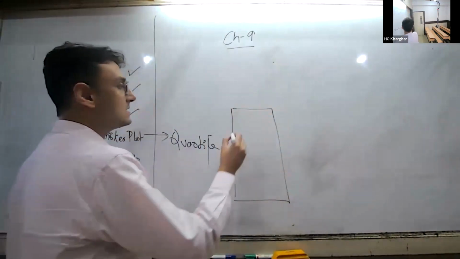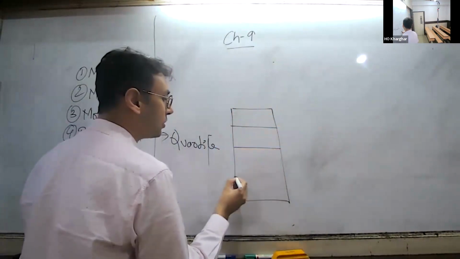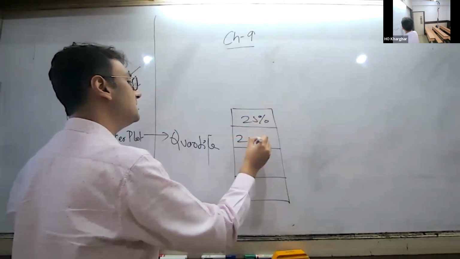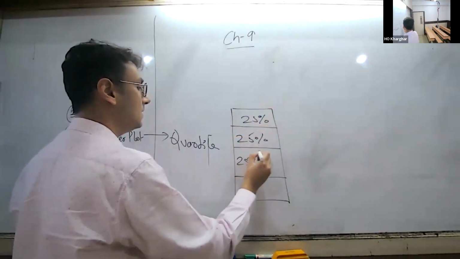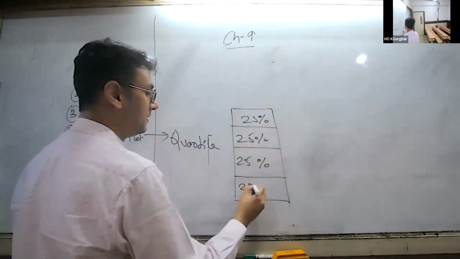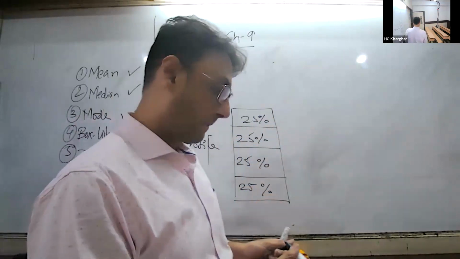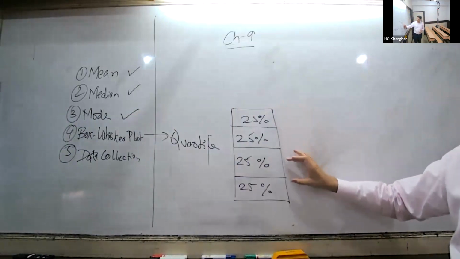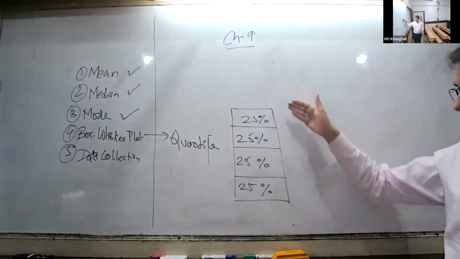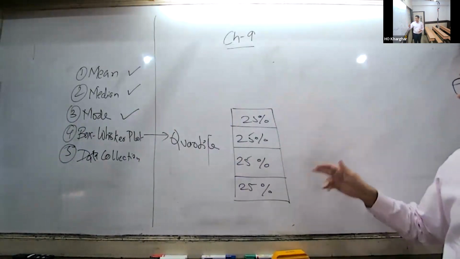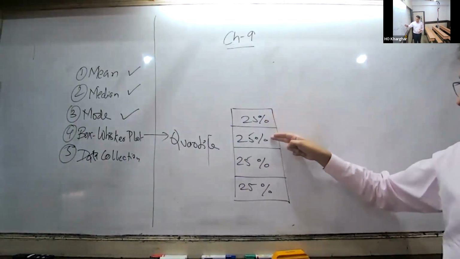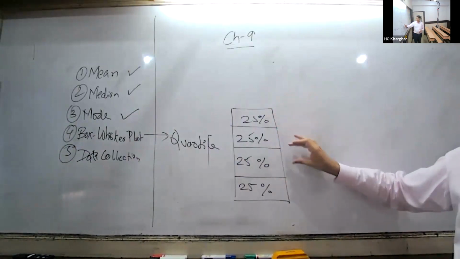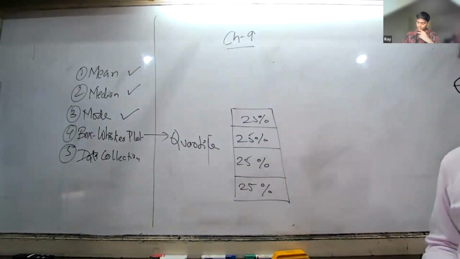So if this is my entire stuff, and these are 4 equal parts, each part represents 25% of the data. So each quartile is 25%. The entire stuff is 100%, it contains the entire population. Each part is of equal length, they are all similar, and they contain 25% of it. Okay. So this is quartile.